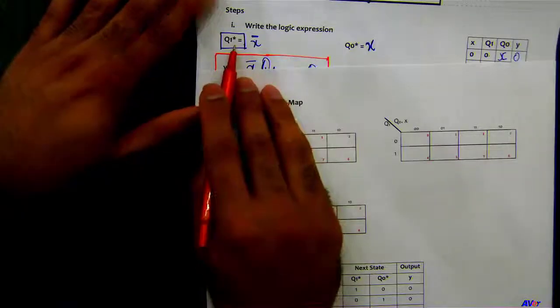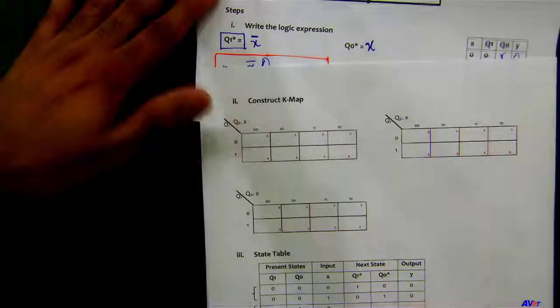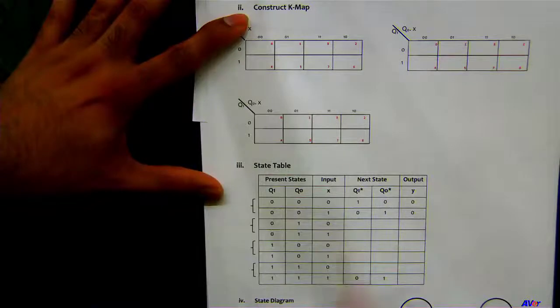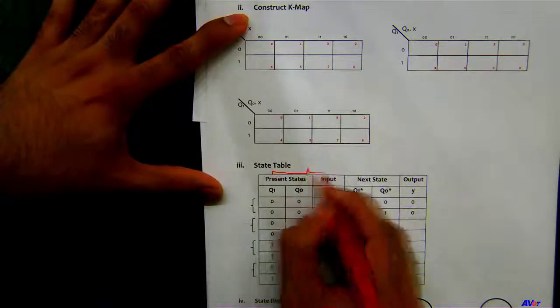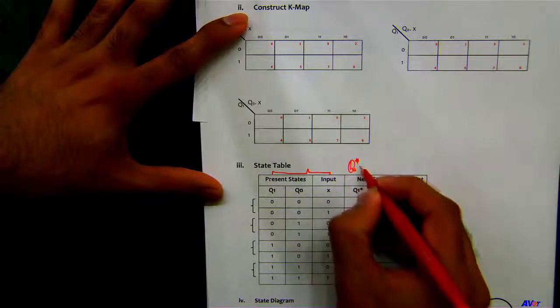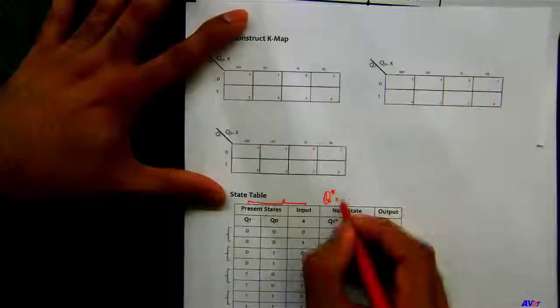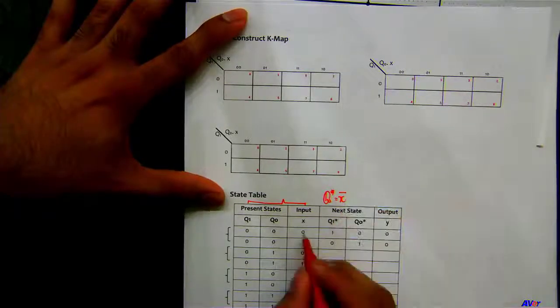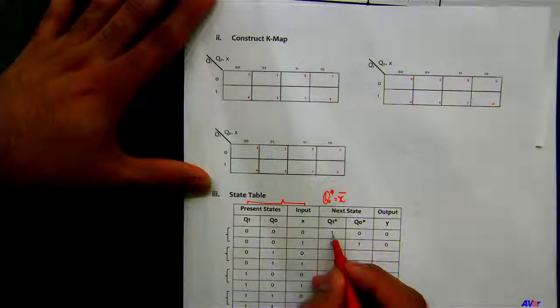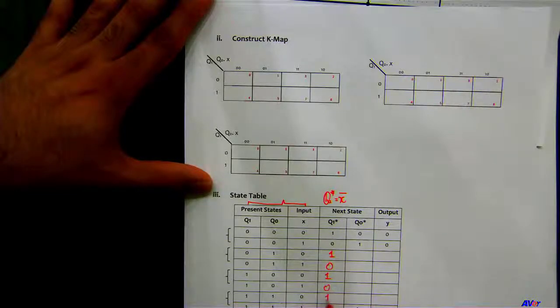For example, if you look at your Q1, the next term for the flip-flop 1 is actually X bar, right? So if you look at the state table, you got your present states and input right next to each other, and Q1 asterisk is actually equal to what? X bar, correct? So this is X bar. When X is 0, Q1 asterisk is going to be 1. This is 1, this is 0, so just a complement. 1, 0, 1, and 0.